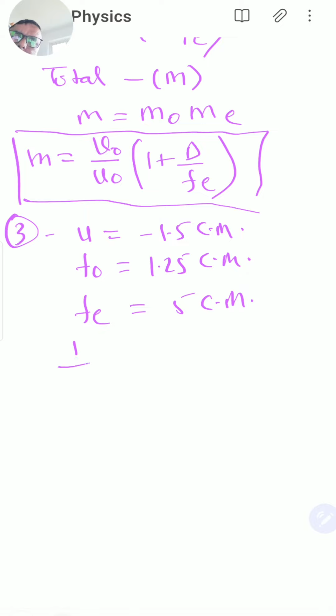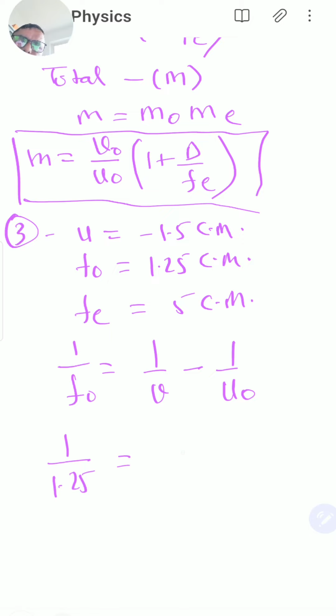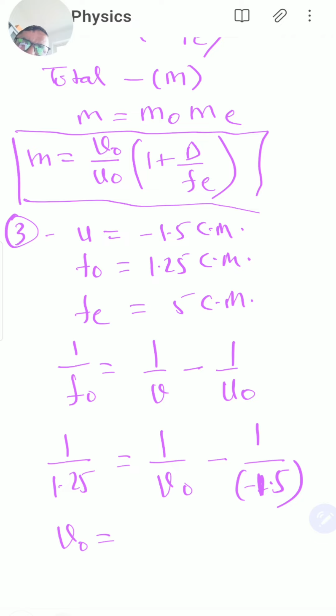By applying the lens formula, we get the focal length relation as well as the object and image distance, by putting the values: 1 upon 1.25 equals 1 upon v naught minus 1 upon minus 1.5, the object distance. So we got the value of v naught. By changing the side and taking the LCM, I am just pausing and doing the calculation.